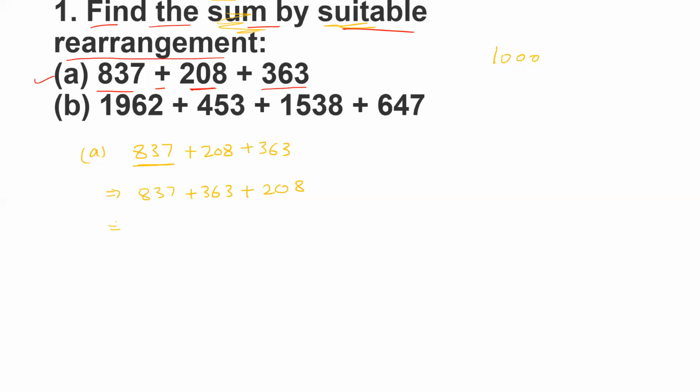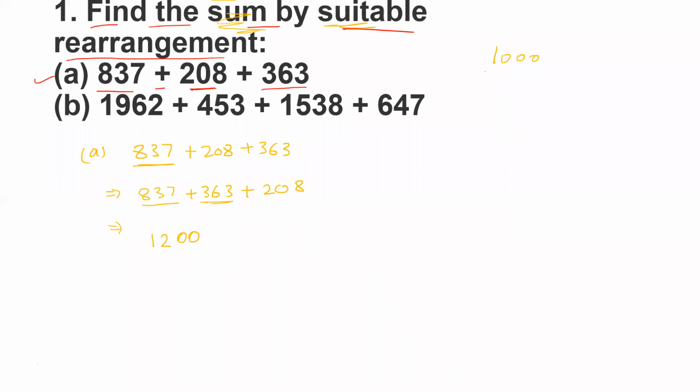Now if I add 837 with 363, what I will get? 7 plus 3, 0, 1 carry, 6 plus 3, 9, or 1 carry, 10, again 1 carry, 8 plus 1, 9, or 2, 3, 12. So 1200. This is what I have.